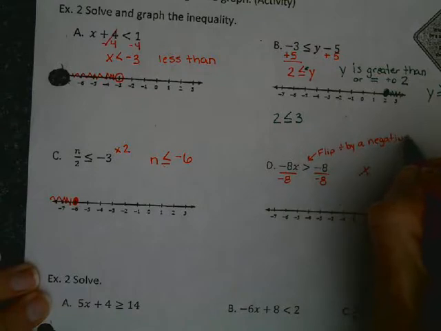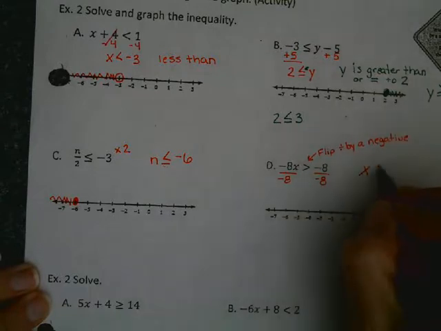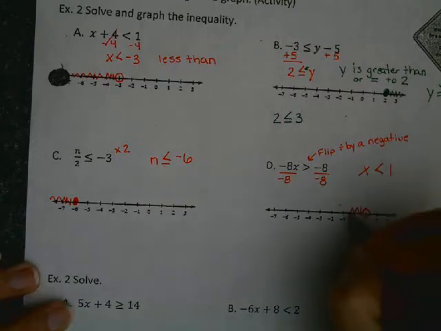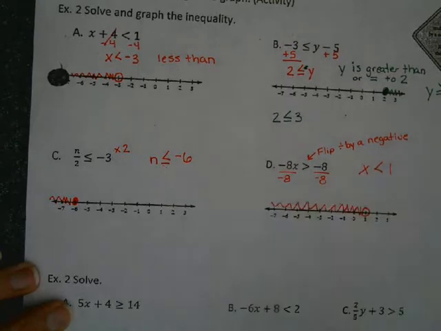So my symbol is going to flip the direction, and -8 divided by -8 is +1. So no line under there. You do an open circle, and numbers less than 1 would be 0, negatives, all the way down. All those numbers represent numbers less than 1.